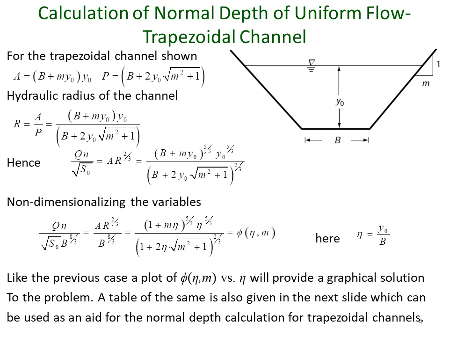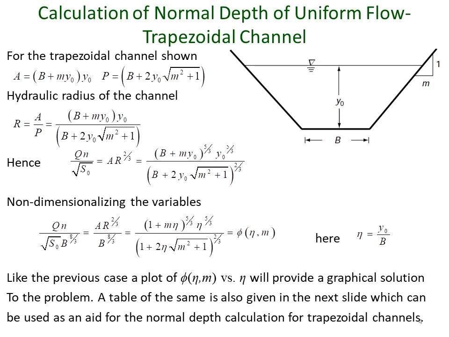So again we use Manning's equation here, and using the form Qn by root under S naught equals A into R to the power 2 by 3, by substituting the values of corresponding terms of A and R, we can write B plus m y naught to the power 5 by 3 into y naught to the power 5 by 3 by bracket B plus 2 y naught root under m square plus 1 whole raised to the power 2 by 3.